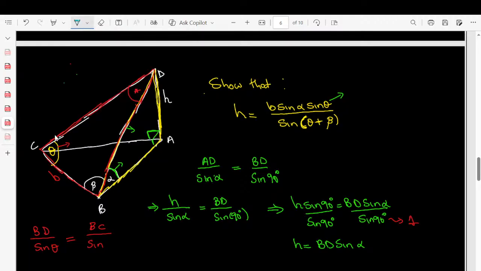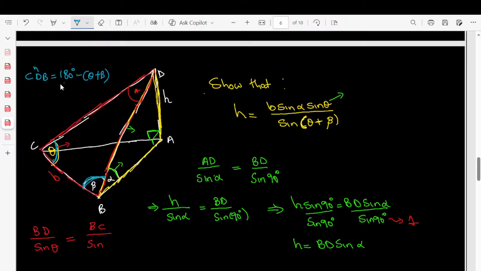We're going to say this is angle DBC. It's equal to 180 degrees minus the sum of theta plus beta. We subtract the sum of this angle and that angle, the sum of these two angles.